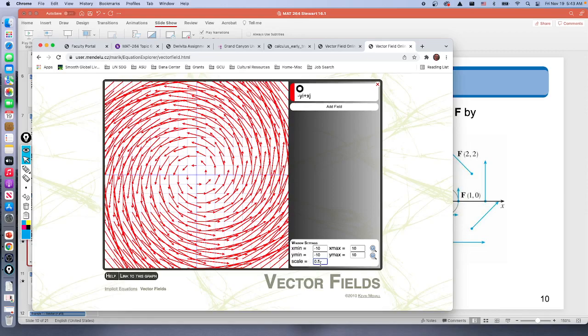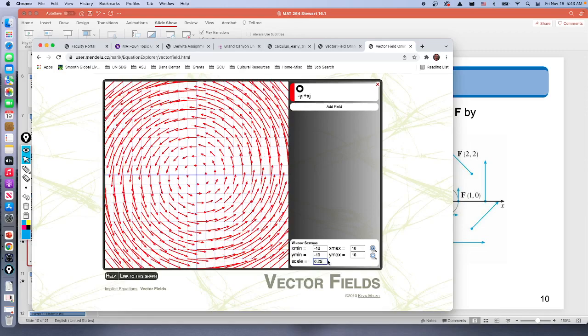And again, you could play with the scale factor, because if you get too many arrows, it's too much going on, you can't really see. So it's this playing around of how you scale it and everything. And this looks pretty good. You got these circular things. So that's what that would look like. And you can use this in the homework. They'll ask you to choose a vector field.